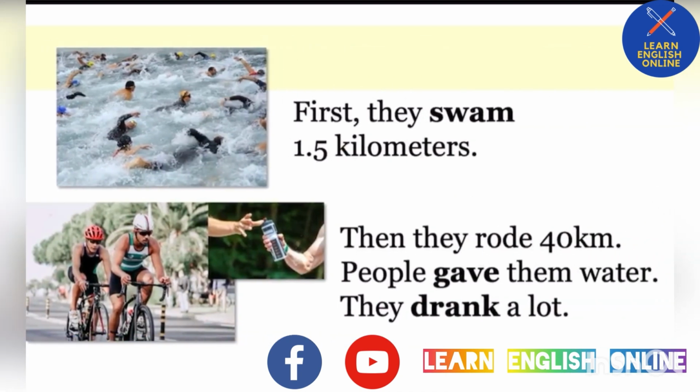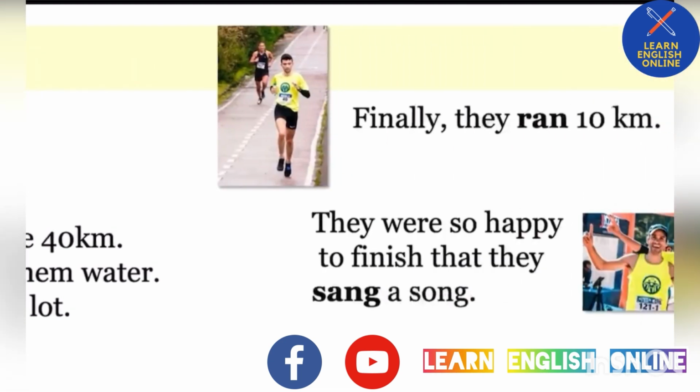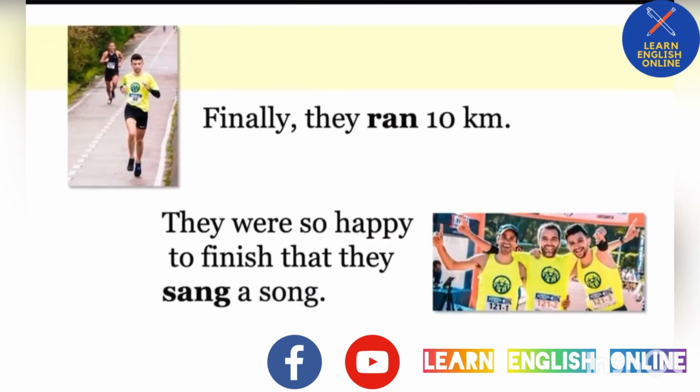First, they swam 1.5 kilometers. Then they rode 40 kilometers. People gave them water. They drank a lot. Finally, they ran 10 kilometers. They were so happy to finish that they sang a song. Maybe they were too tired to sing.